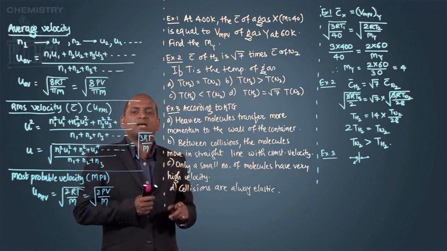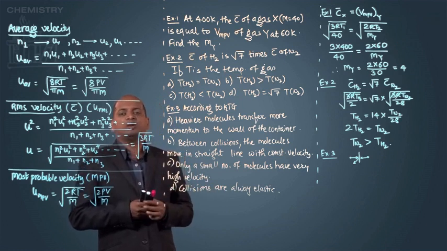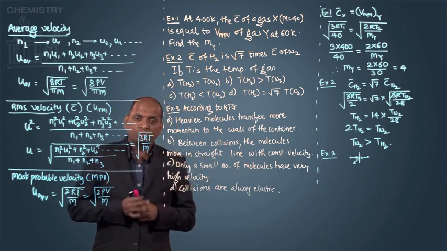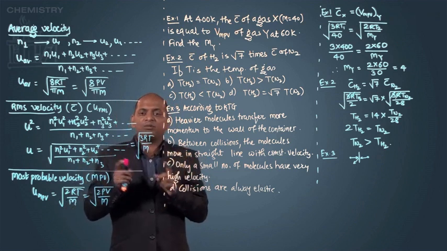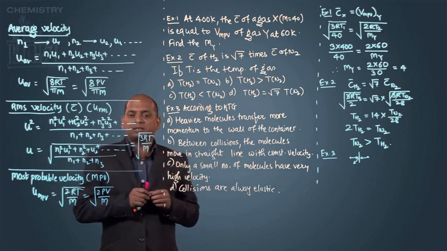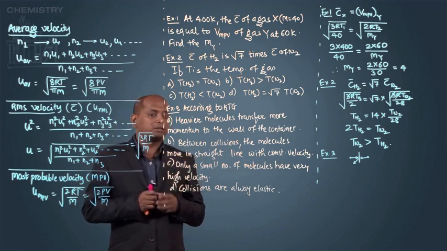Therefore, those gases are called real gases, not ideal. So how to give a relation between pressure, volume and temperature, and why those gases do not behave as an ideal gas, that also we have to consider.